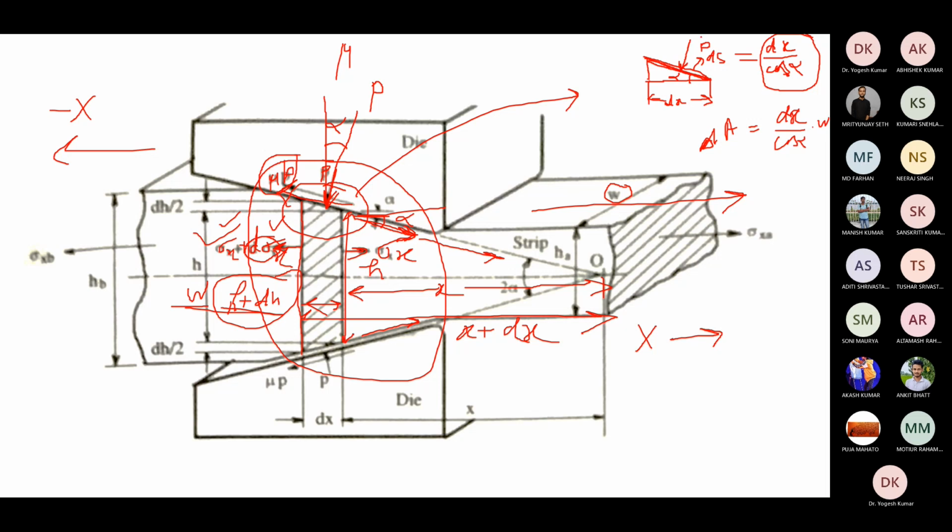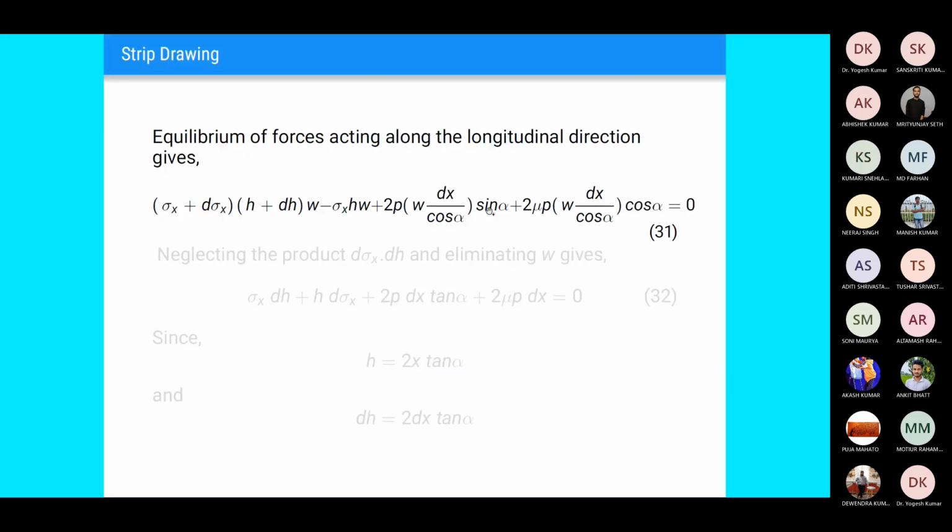One is force P, which is acting perpendicular to this surface, and another force, which is acting parallel to this die surface, and its value is mu P. We know the area on which these forces are working, and now we have to take the component of the force in that particular direction. So this has been taken, w dx upon cos alpha. This has been already taken, right?